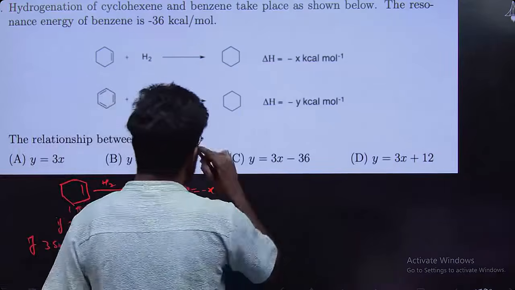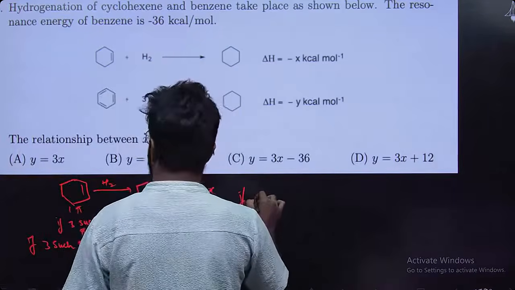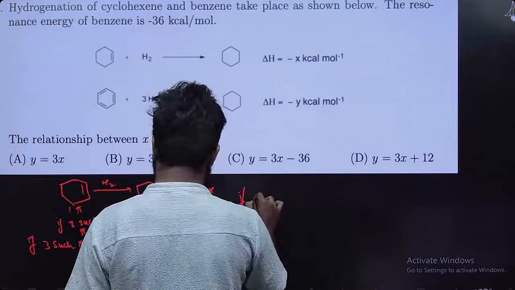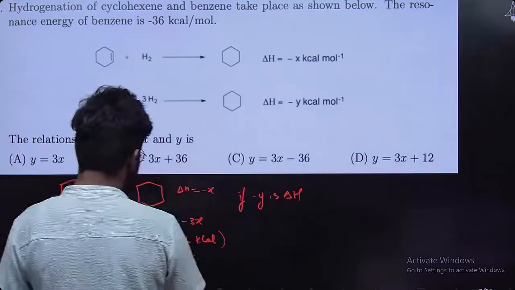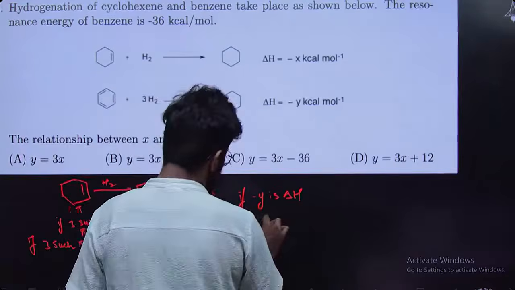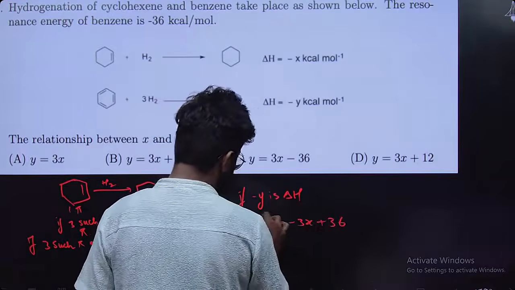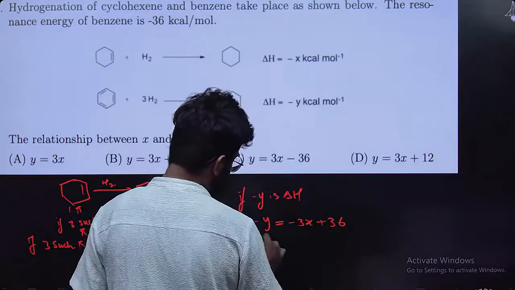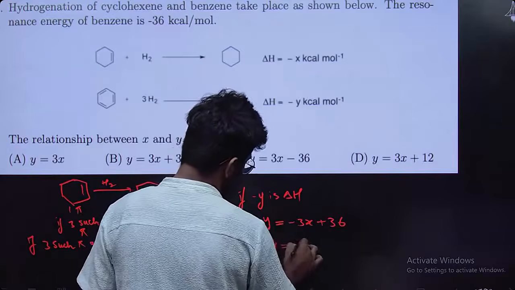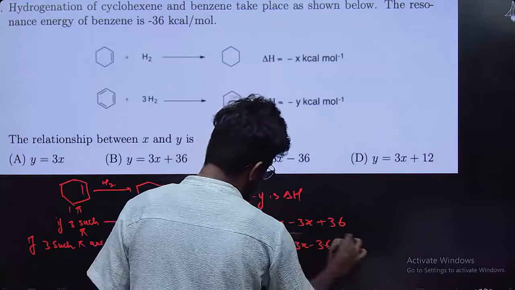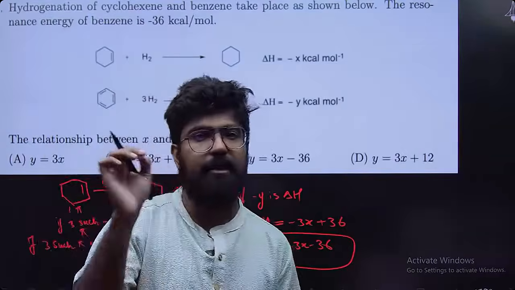So if minus Y is basically your delta H, obviously this is the energy, so minus Y is minus 3x plus 36. If you just cancel the minus out, what you get is Y equals 3x minus 36.